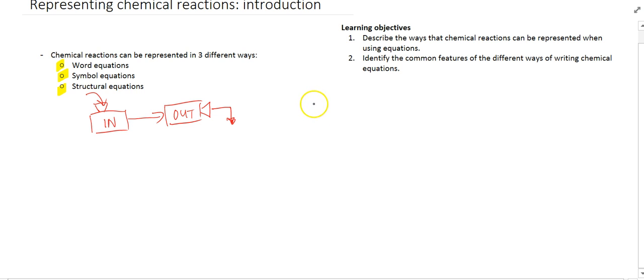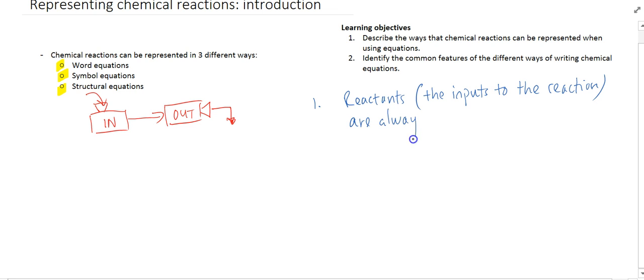Now I would identify three major things. So the first is that the reactants, that is the inputs to the reaction. When I say inputs, it means the stuff that you put into the reaction, the stuff that you start with, are always on the left of the equation.